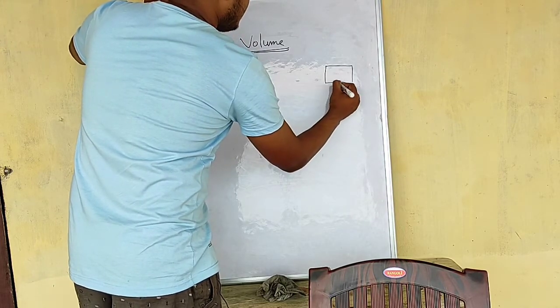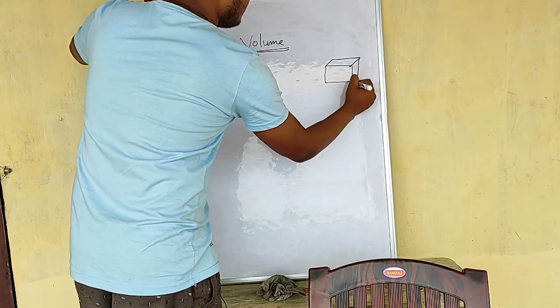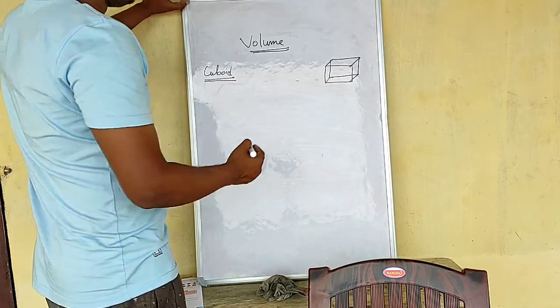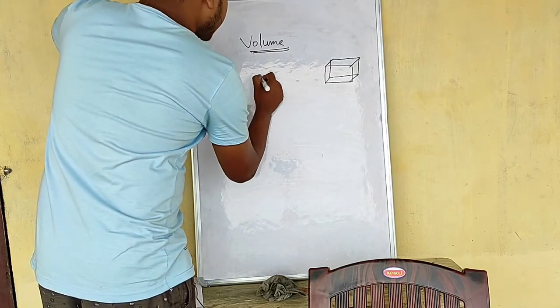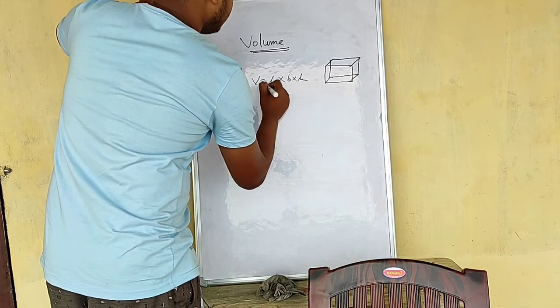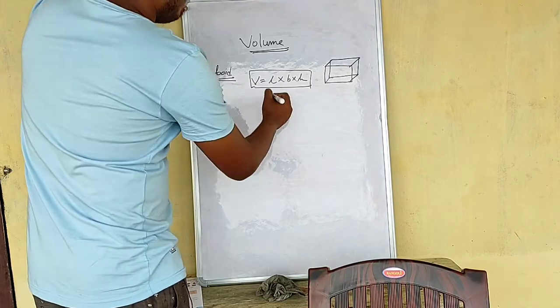You can be given like this. This is a cuboid. Here the formula for volume is L into B into H. Here what is L?